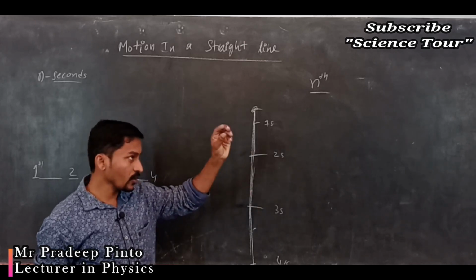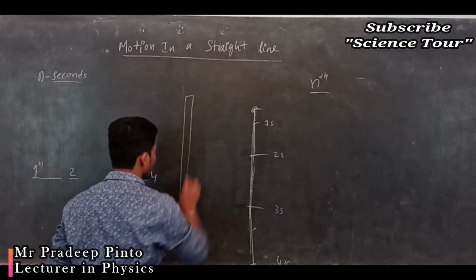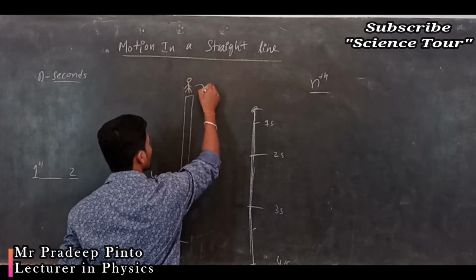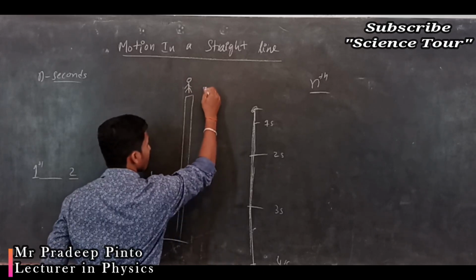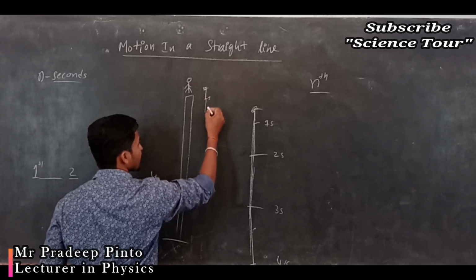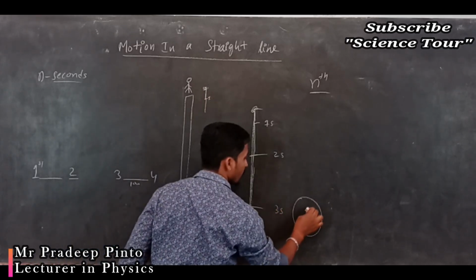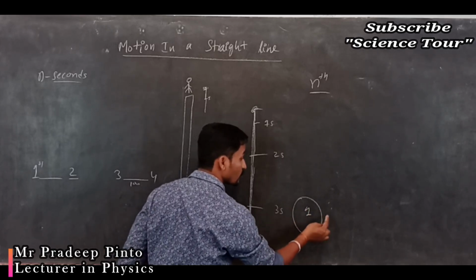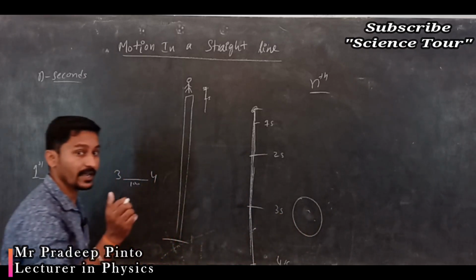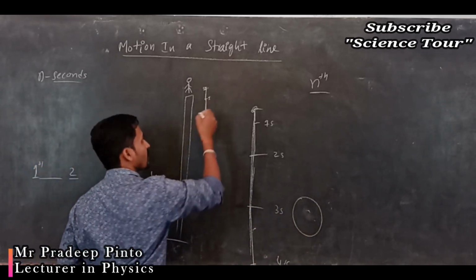Now what happens? You go to a certain height, a very tall building, and you throw the object. First it travels a little, that is the first second. In the stop clock 1 comes, and from 1 to 2 there is a certain time gap; that is the first second, and in that gap it has travelled this much.